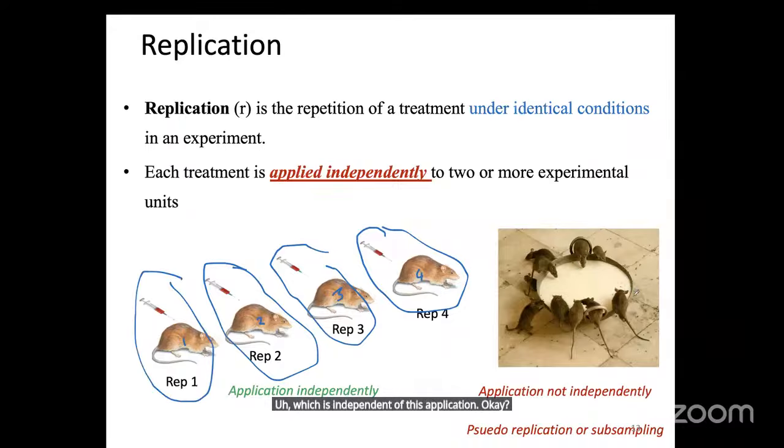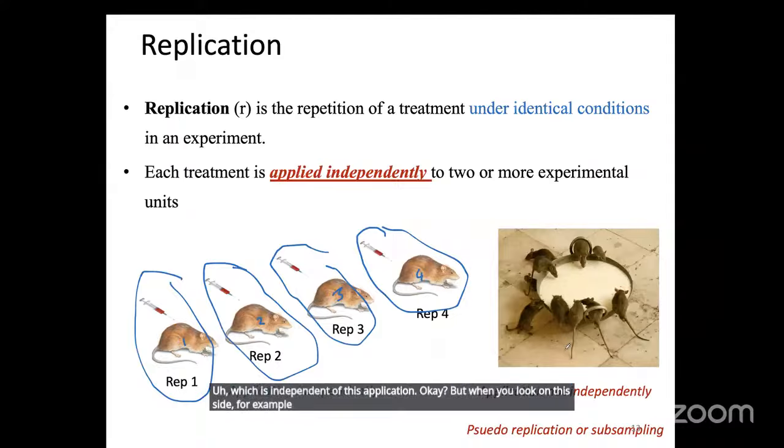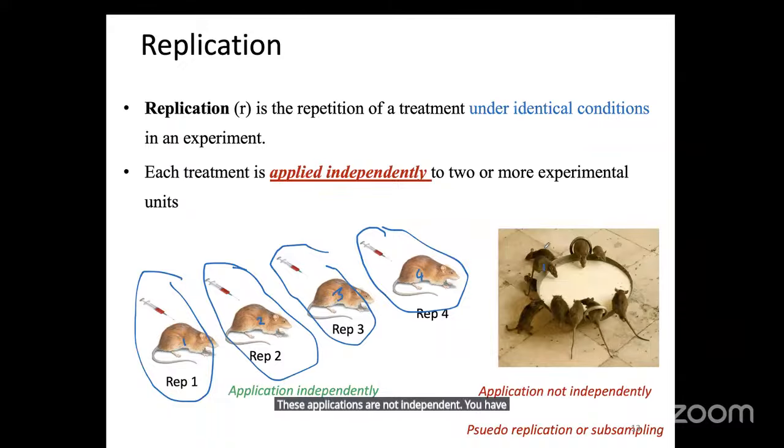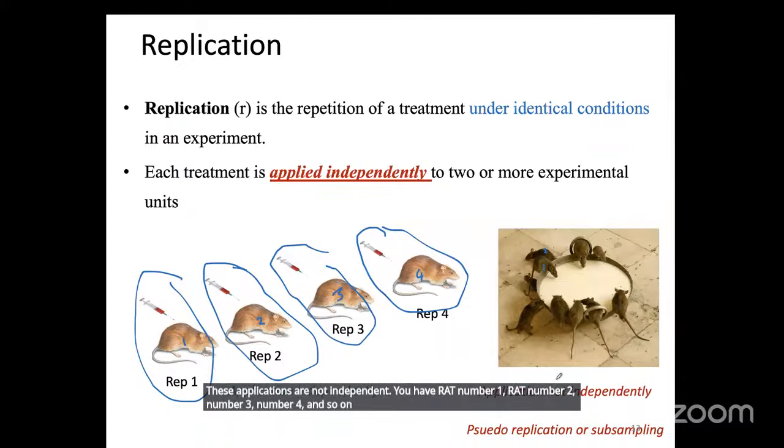But when you look on this side, for example, you'll see that these applications are not independent. You have rat number 1, rat number 2, number 3, number 4, and so on and so forth. So here, you cannot take each rat to be a replicate because the treatment has not been applied independently.